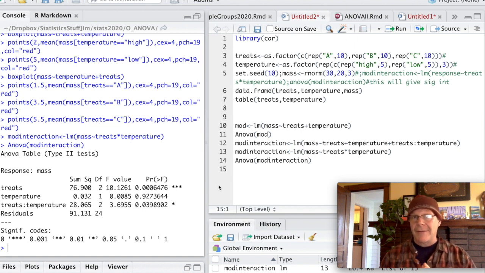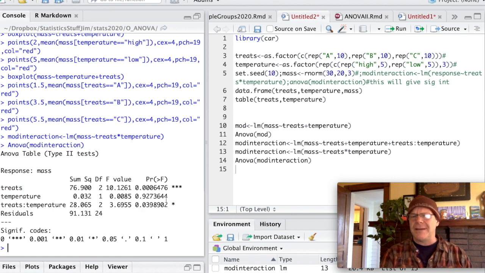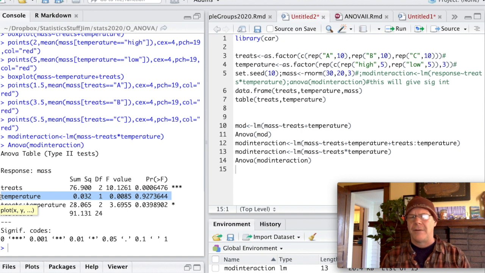As soon as we have a significant interaction term, that's telling us that we are not allowed to interpret the statistical hypothesis testing on our main effects, which means that we can no longer trust that temperature is not important. And potentially we can no longer trust that treatments are not important, okay? But the main thing here is that we cannot really trust that part of the hypothesis testing.